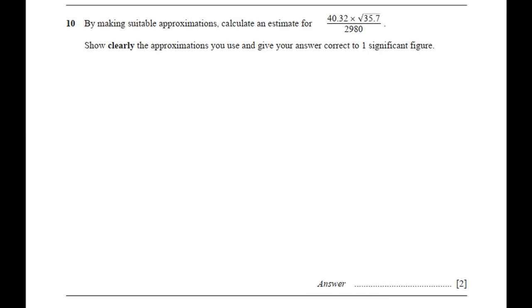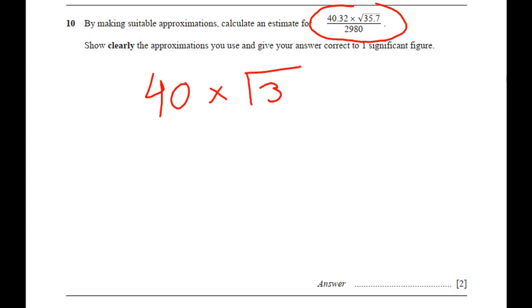Question number 10. By making suitable approximation, calculate an estimate of this. We don't have our calculator, we need to estimate the value. So 40.32 can be changed to 40. Under root 35.7 can be changed to under root 36 because that's the closest complete square number, and 2980 can be changed into a one significant figure number, which is 3000.